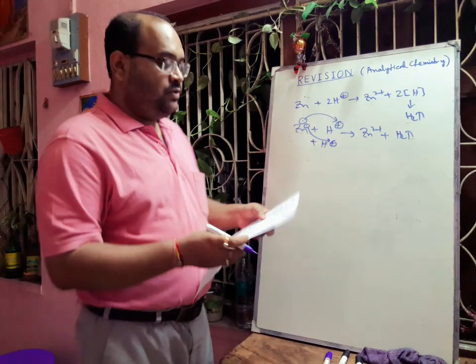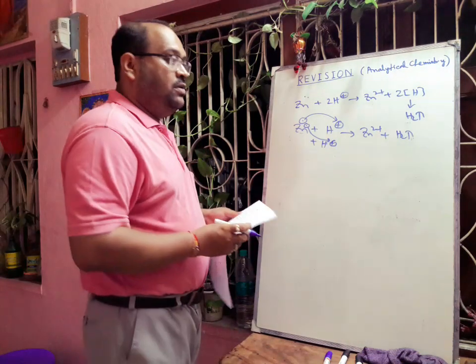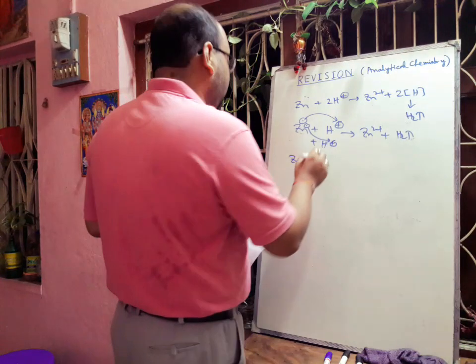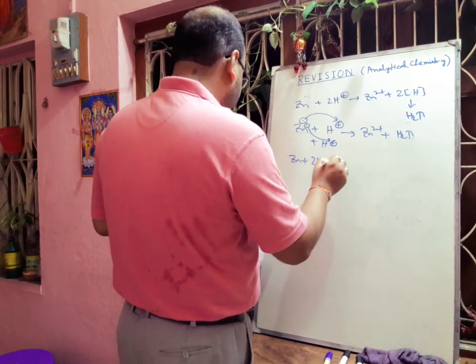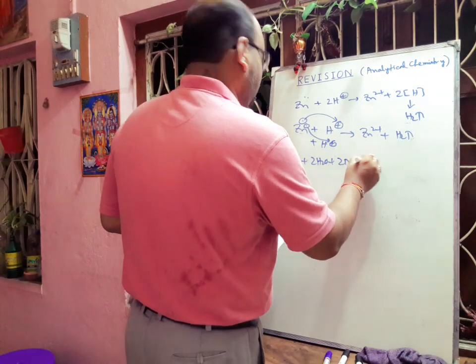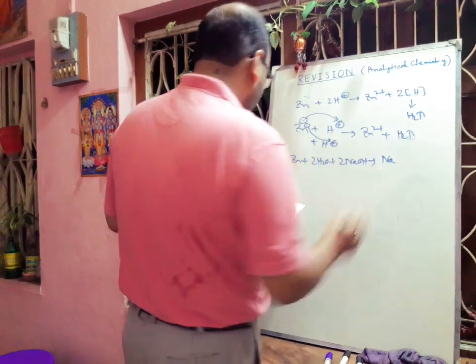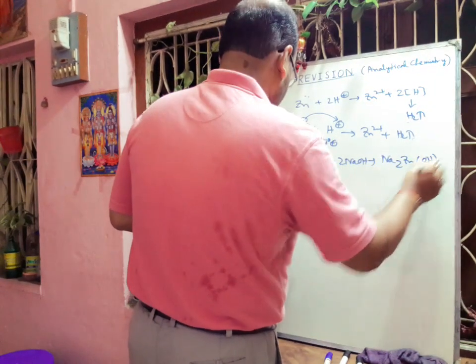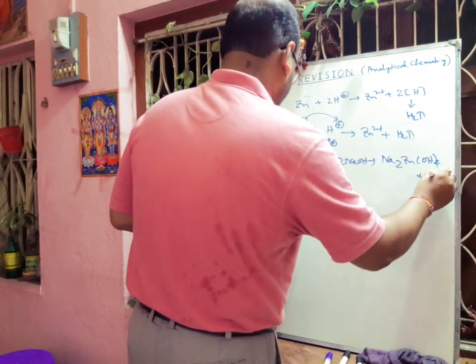But with sodium hydroxide, zinc reacts with 2 H2O plus 2 NaOH, forming Na2Zn(OH)4 plus hydrogen.